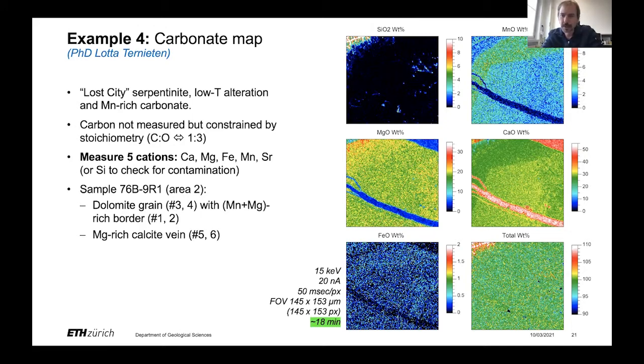I think Esteban is also on the Zoom meeting. That's the kind of map that we can get. And with this, you can very easily differentiate calcite from magnesium-rich calcite, from proto-dolomite, from dolomite, from whatever you want. Notice also that I acquired this map in just 20 minutes, even less. So you can get relatively fast results with that.